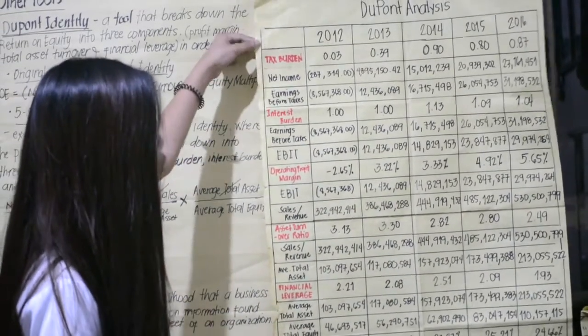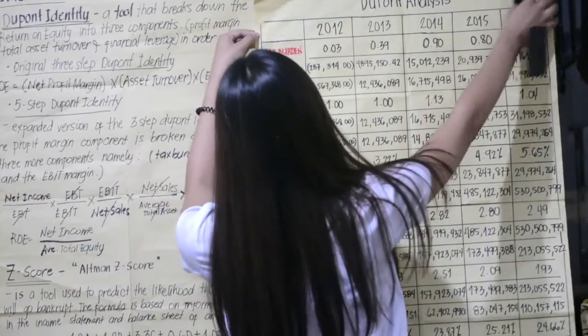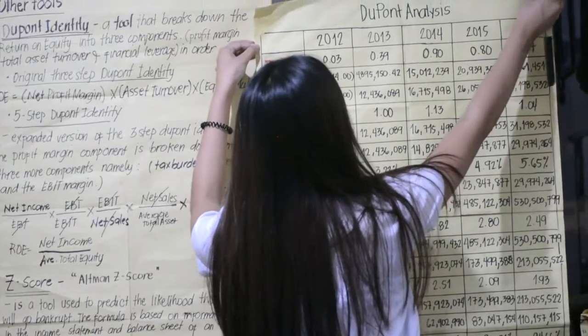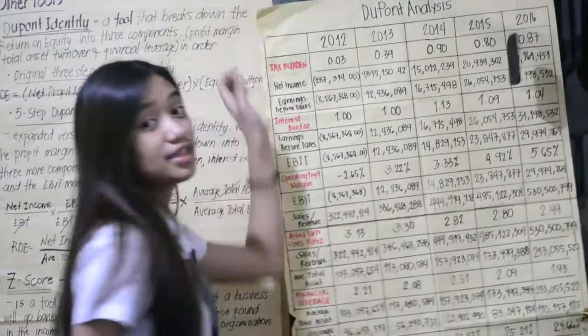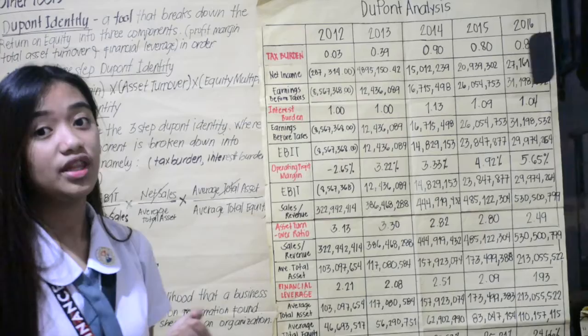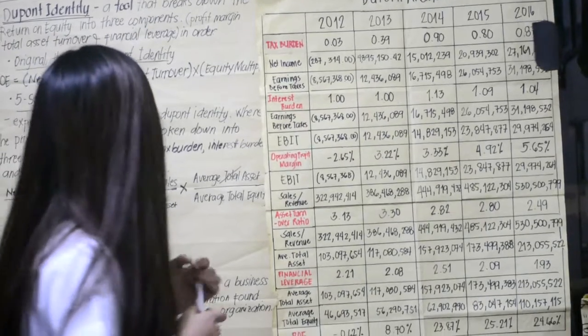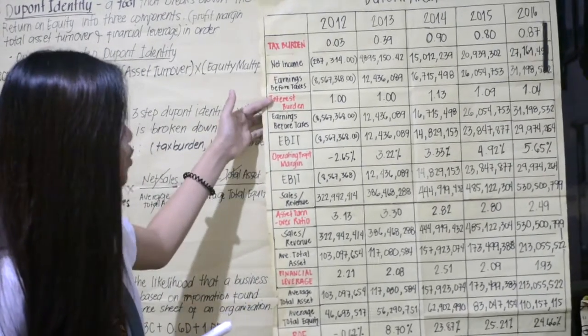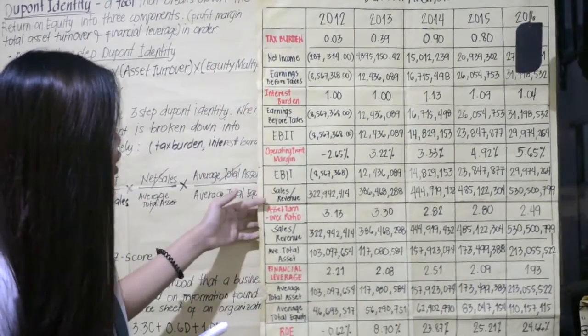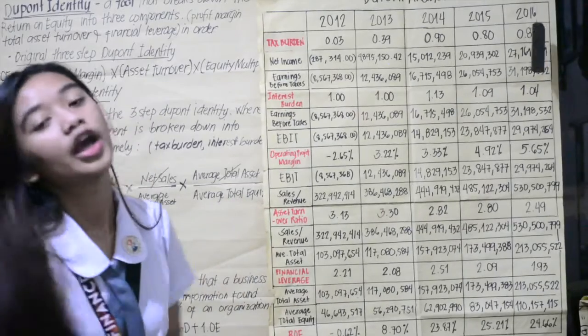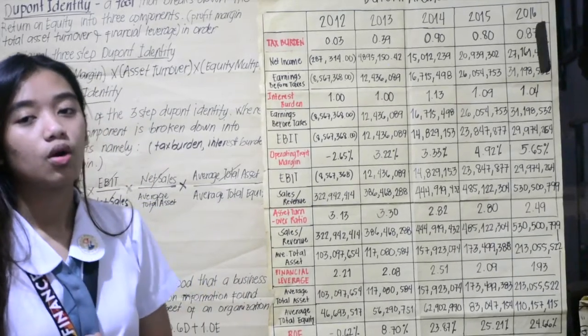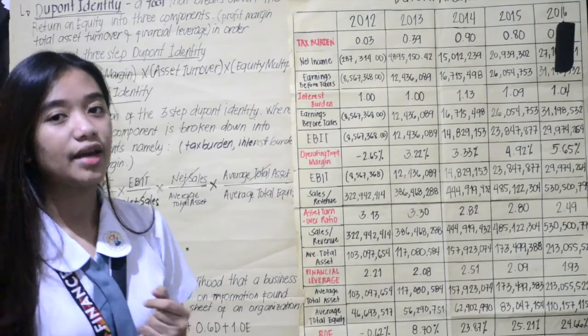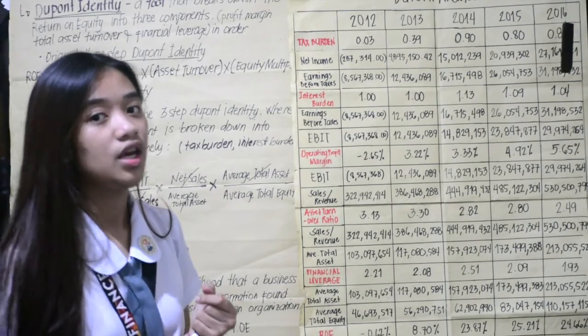The DuPont analysis is a tool that breaks down the return on equity into financial leverage, operating margin, interest burden, tax burden, and asset turnover ratio in order to pinpoint what drives the return on equity if the result became unsatisfactory.